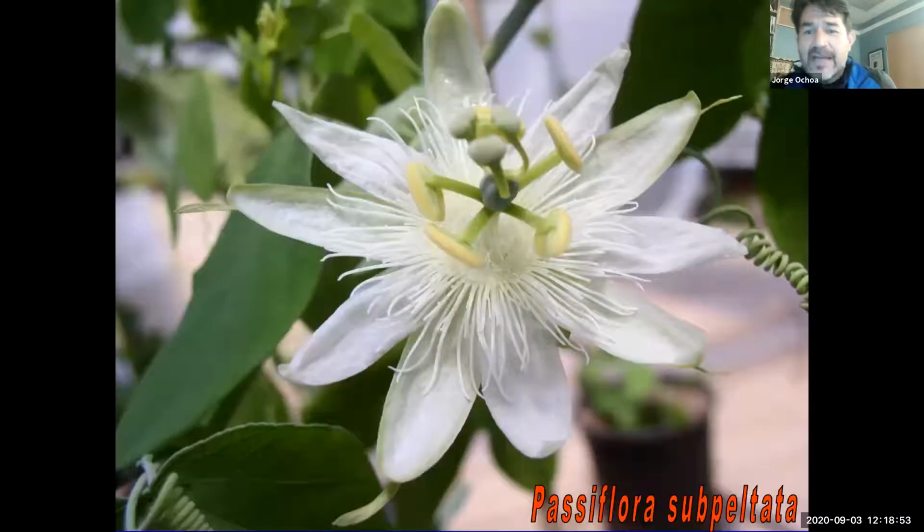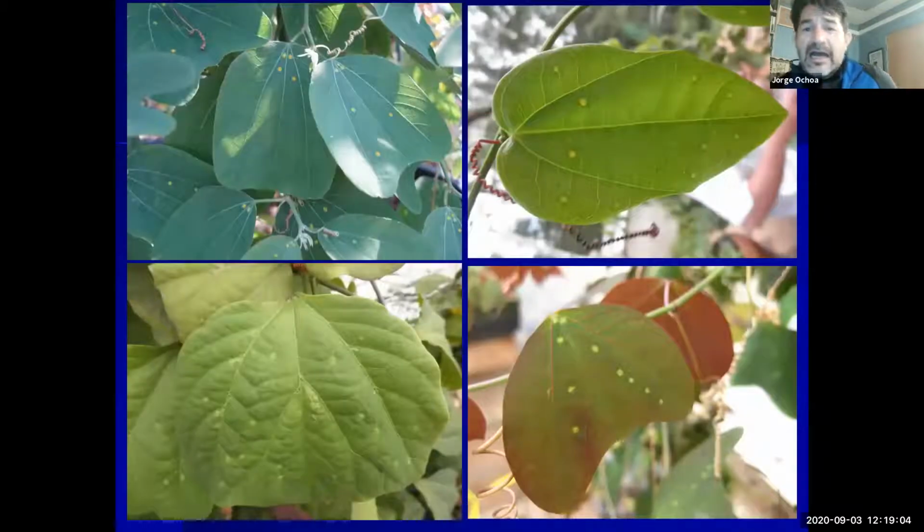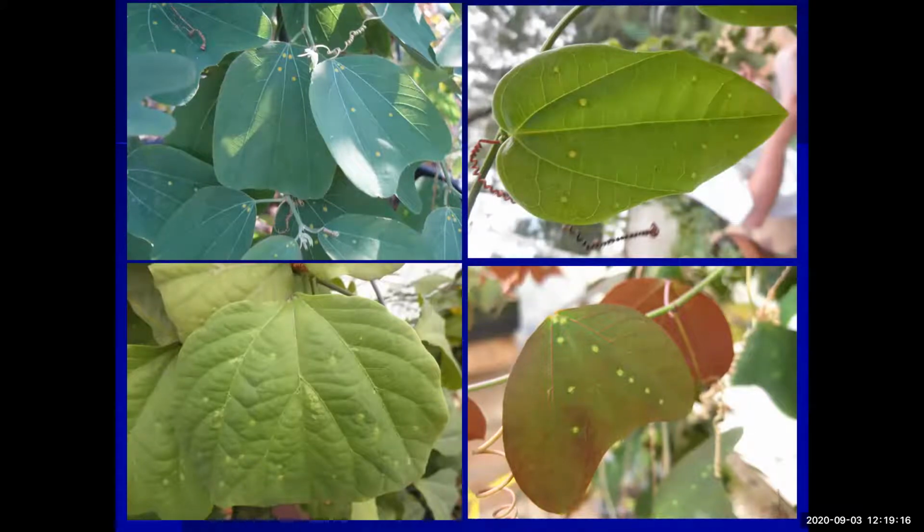If the flower happens to be white, then it represents Christ's purity. If the flower happens to be red, then it represents Christ's blood. On many passion flowers, we are going to find nectary glands that are round and gold in color. Those represent the silver coins that were paid to Judas for betraying Christ.